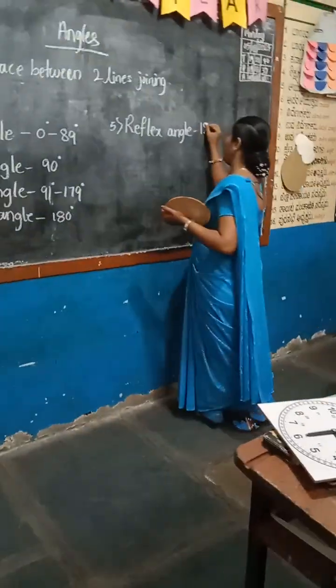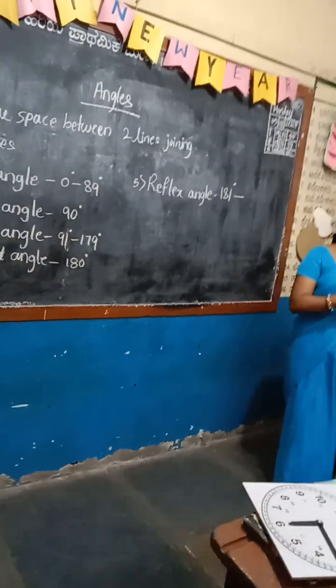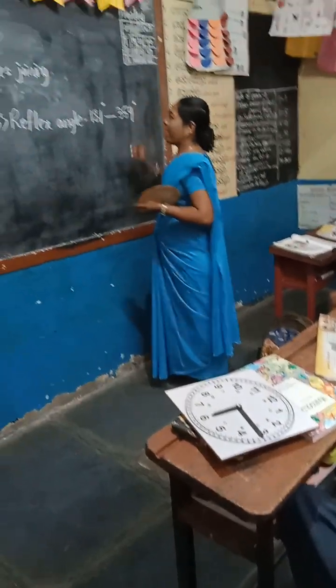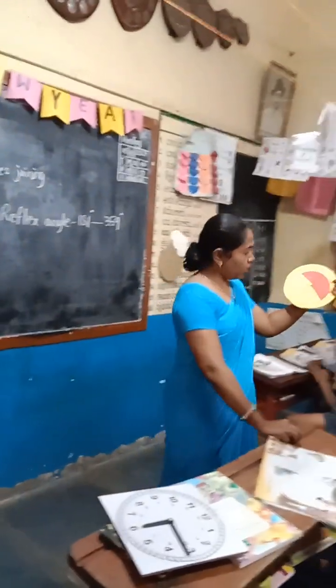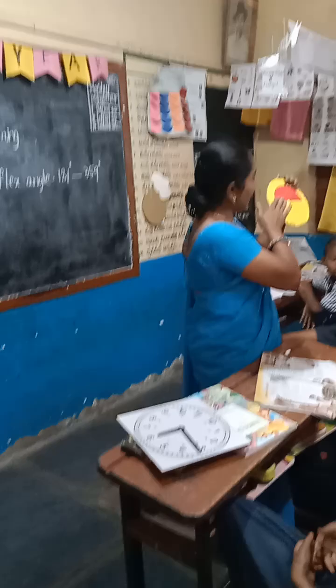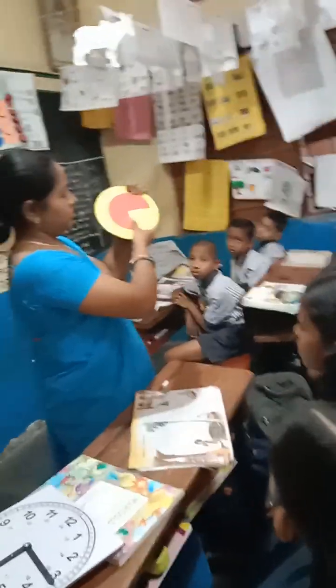It starts from 181 degrees and goes up to 359 degrees. It is known as a reflex angle because the portion of half is only reflecting here.